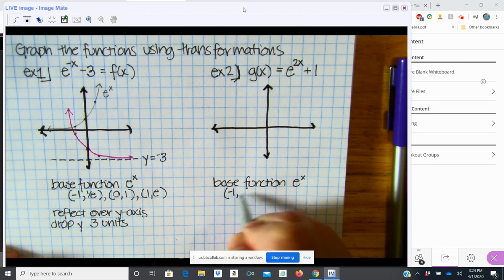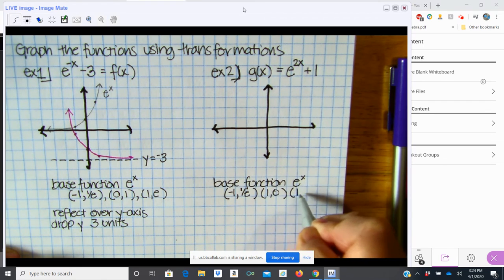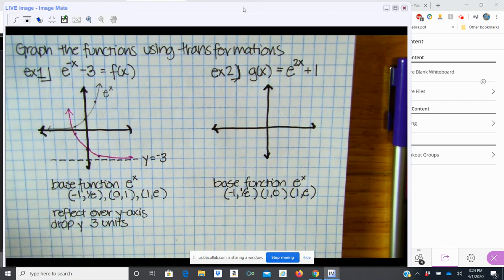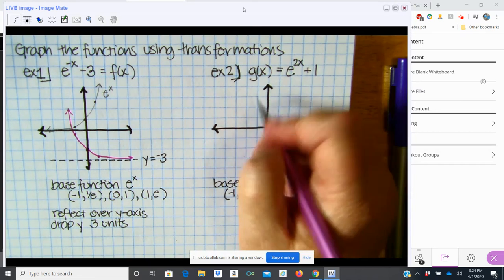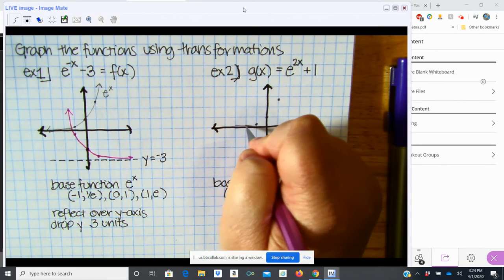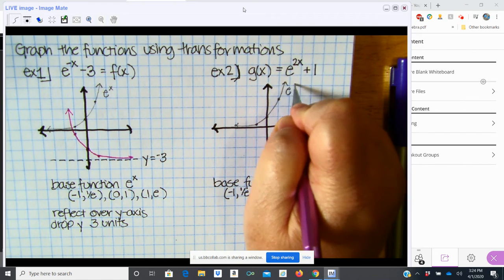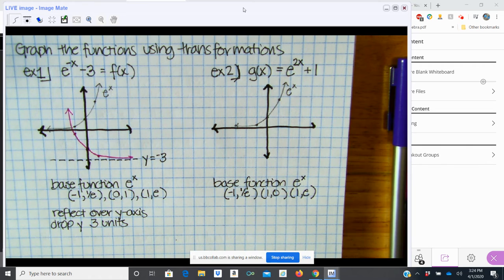Giving me the 3 points, -1, 1 over e, 0, 1, and 1, e. Here's my base function e to the x, looking something like that.